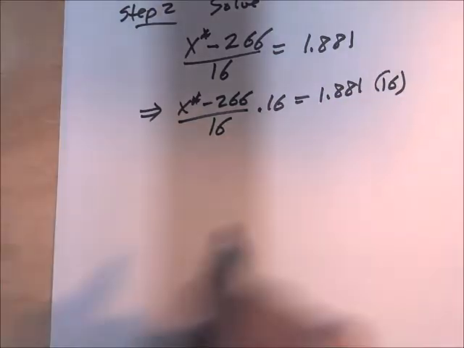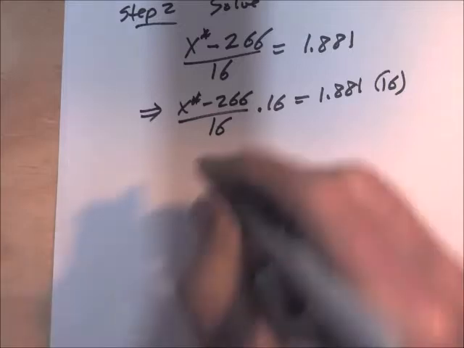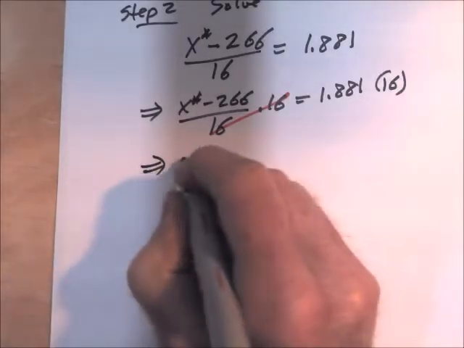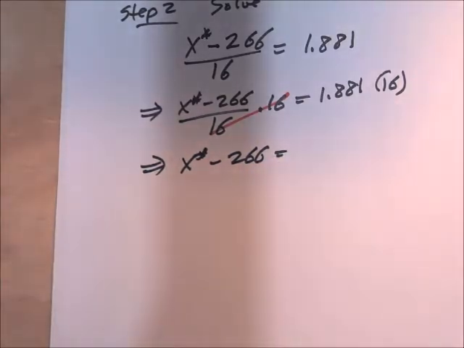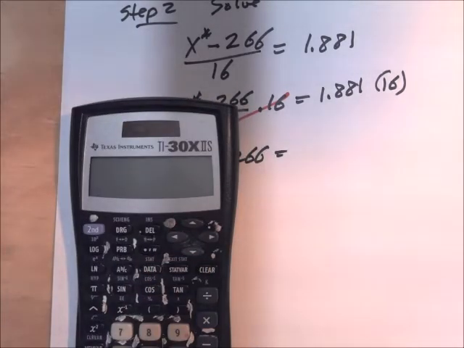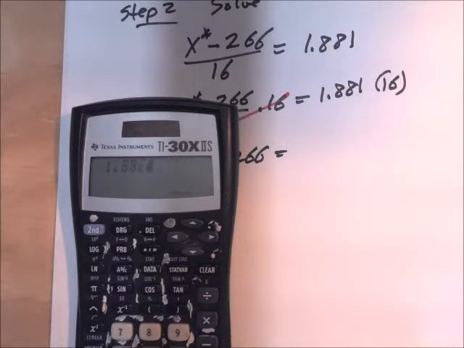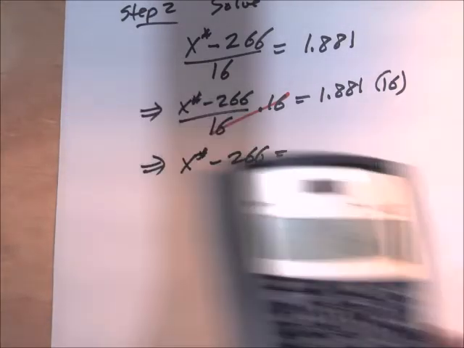The 16s will cancel on the left side, and we'll have x star minus 266 is equal to 1.881 times 16, which is 30.096.